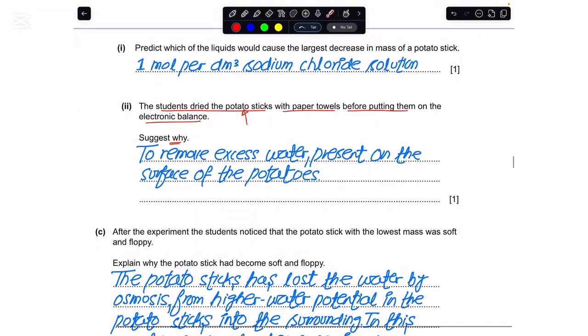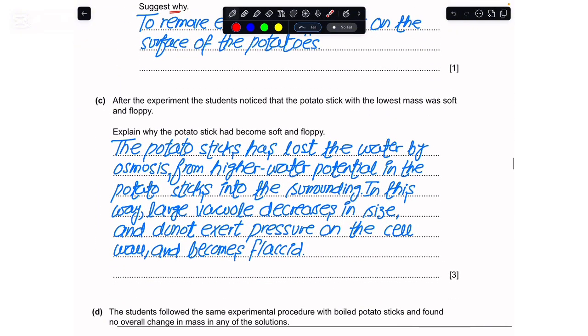Now, moving onward, they say that after the experiment, the student noticed that the potato sticks with the lowest mass were soft and floppy. When the potato sticks have become soft and floppy and have the lowest mass, it is very evident that they have lost water.